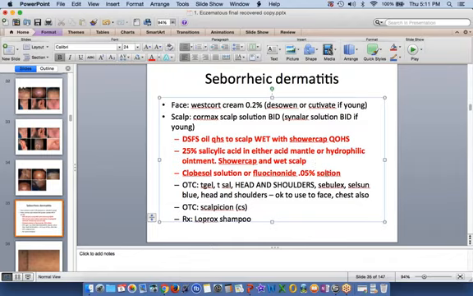If they put the nose right to the scalp, then they won't look greasy during the day. Okay? So that's what you should do.